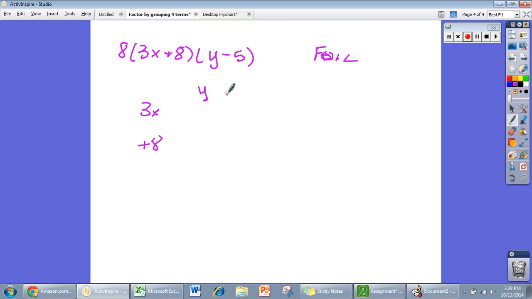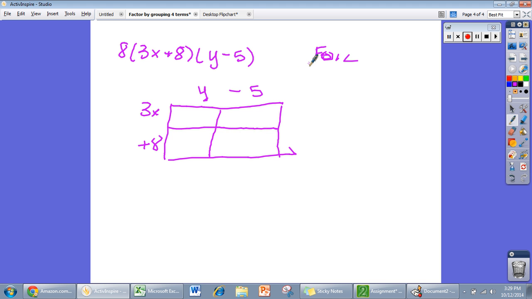So I'm putting my binomials one on the side, one on top. It does not matter where you're putting them. There's no difference if I put one on the side versus the bottom. And now I'm going to multiply through. So 3x times y is 3xy. 3x times a negative 5 is a negative 15x. 8 times y is a positive 8y.